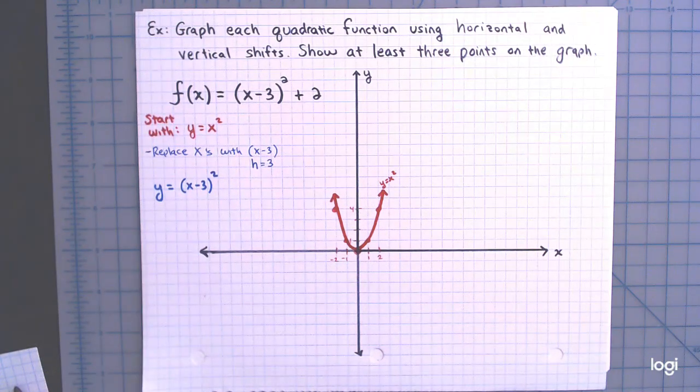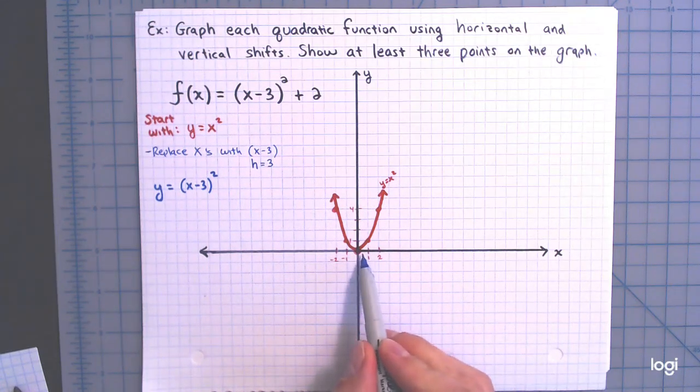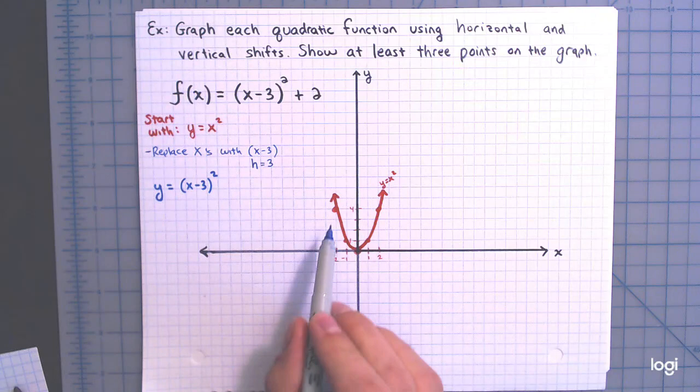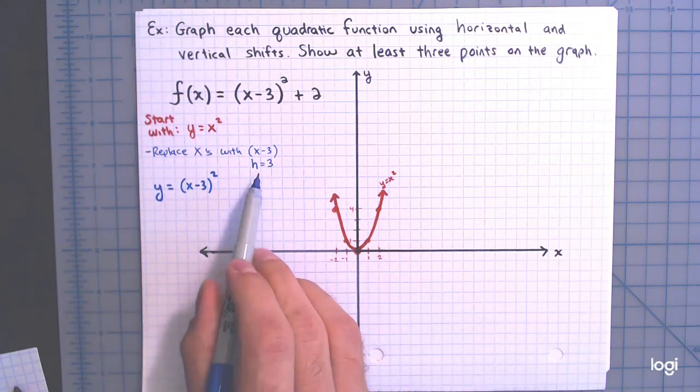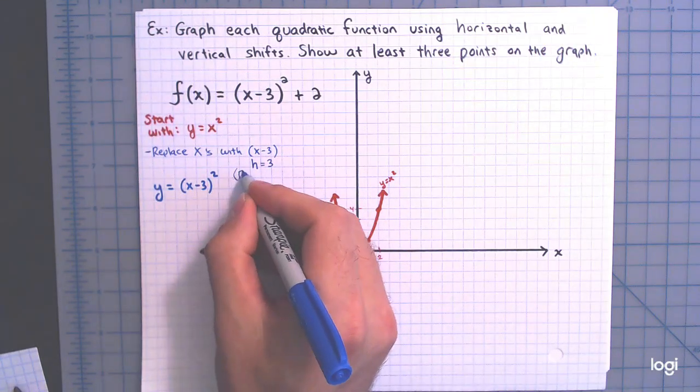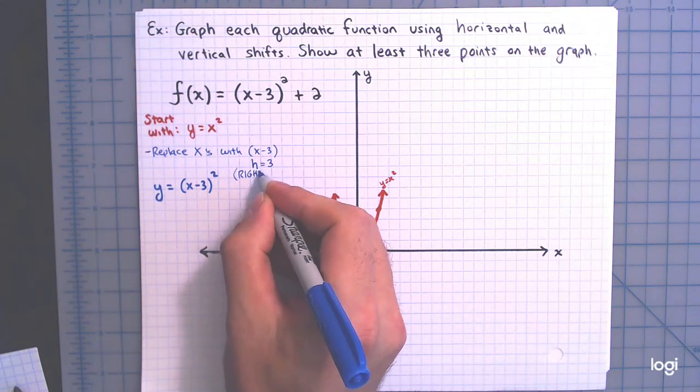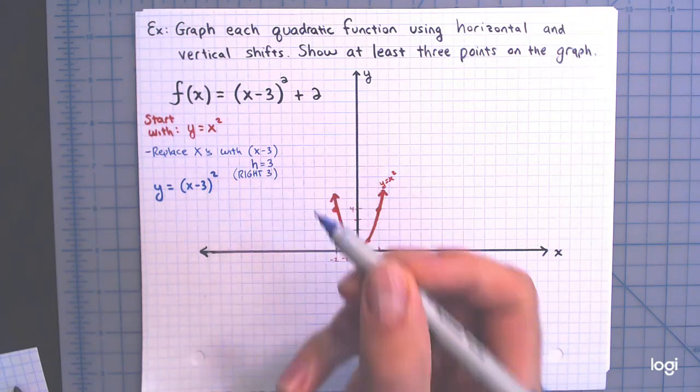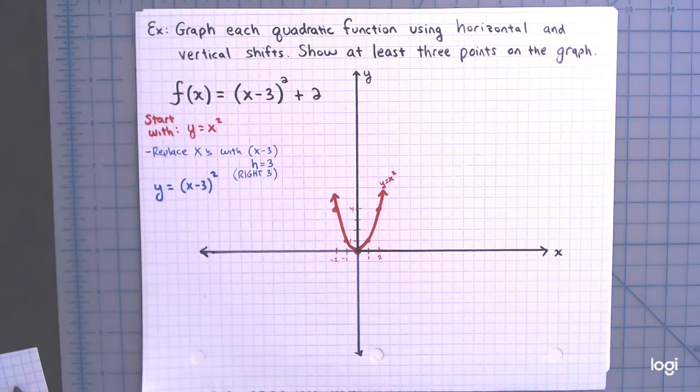All I'm doing is moving every single point on the red graph to the right 3 units. And I'll even write that here. That's right 3 units, or shift right 3, because I replaced all the x's with x minus h, and h was positive.